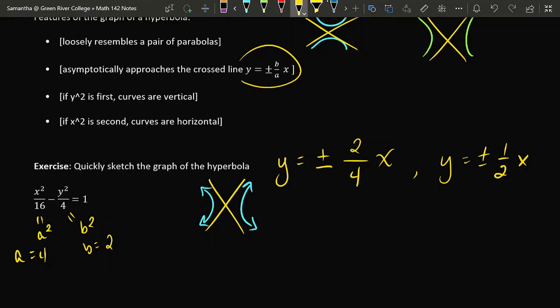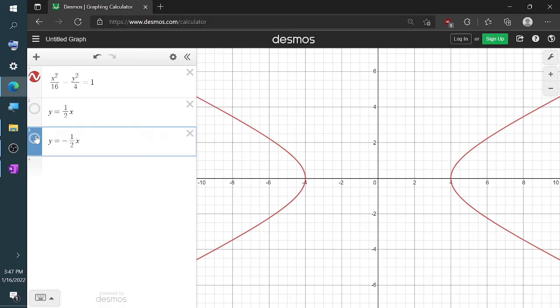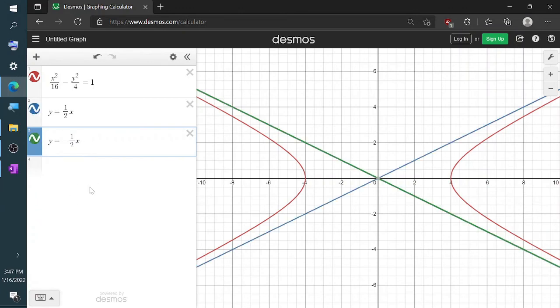Now let's graph this hyperbola on Desmos, and let's check and see if those facts are satisfied. This is the true and real hyperbola. Now let's graph the two slanted lines y equals plus or minus b divided by a. And we can see that we can just barely squeeze those crossed lines in between these two curves here.